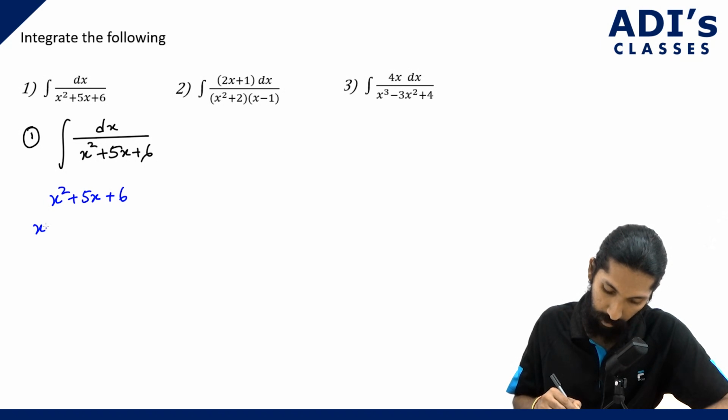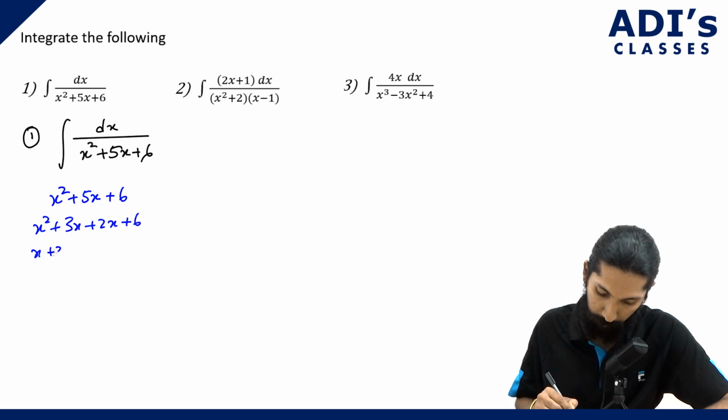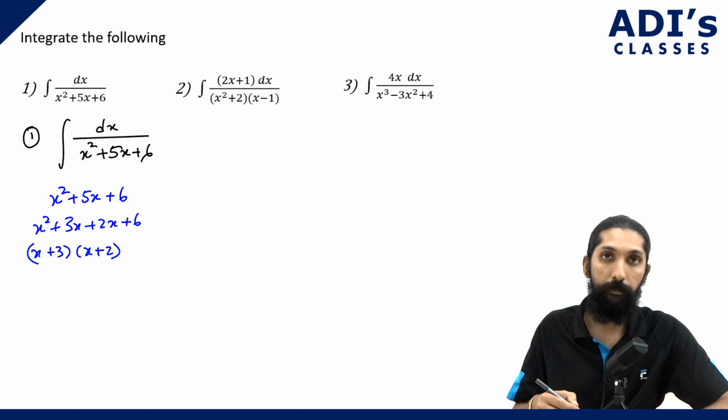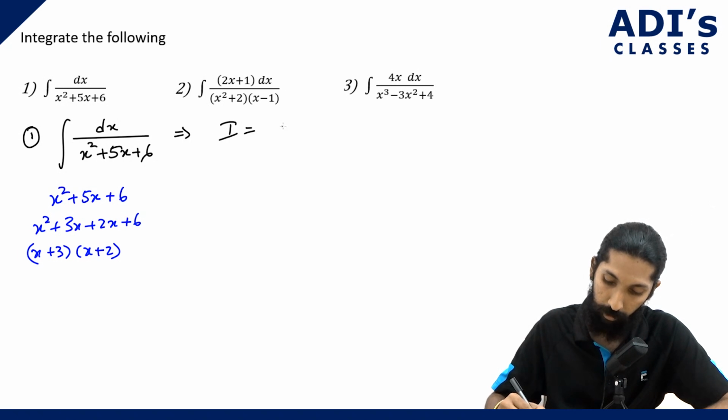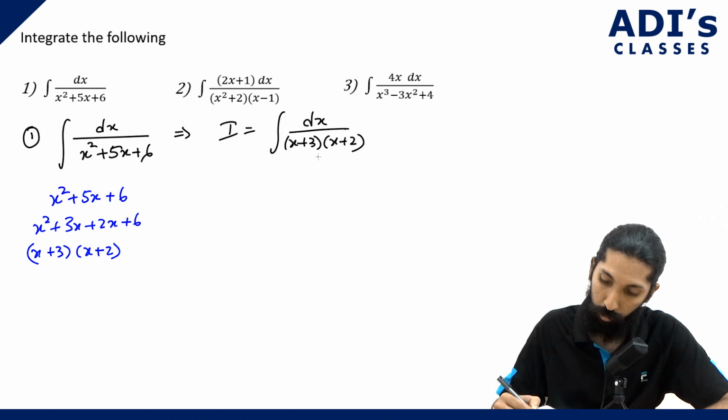So you can write this as x square plus 3x plus 2x plus 6, which gives us x plus 3 into x plus 2, right? So the question now becomes I is equal to integral of dx over x plus 3 times x plus 2, right?